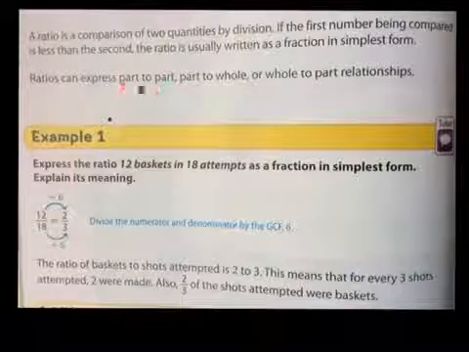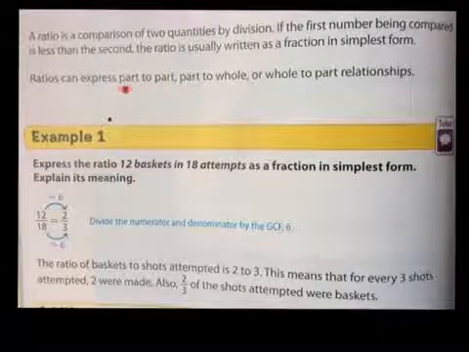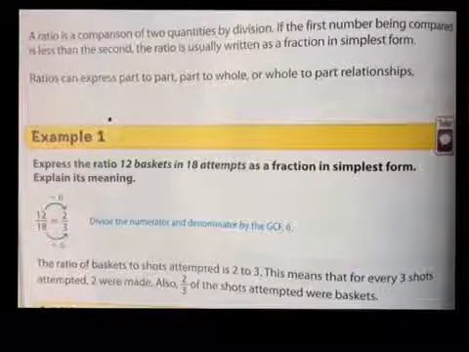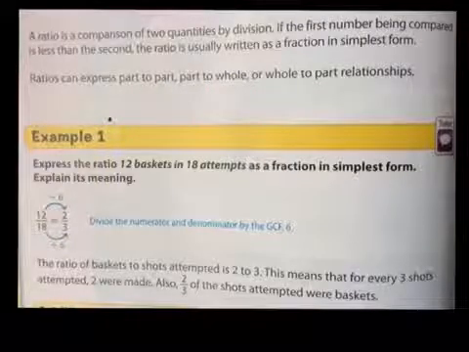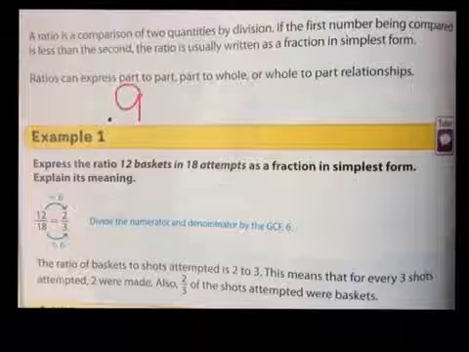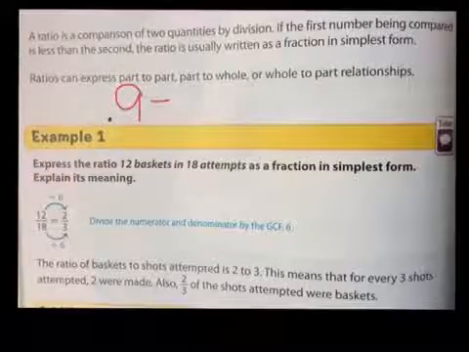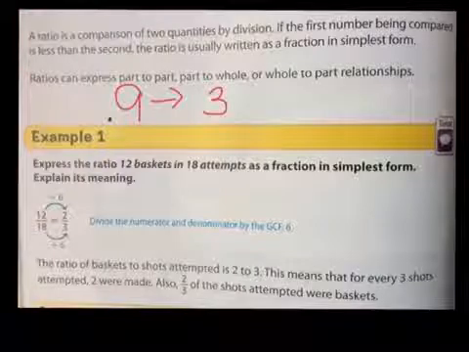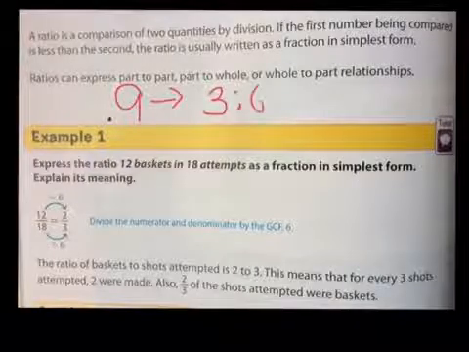Meaning part to part when we compare them, like 3 to 9 as we did earlier, or part to a whole, okay? For example, if we have 9 students in total, out of those 9 students, we have 3 that are boys and 6 that are girls.